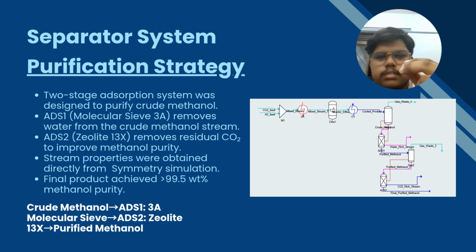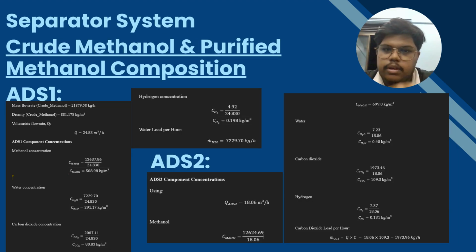grade methanol. Thank you. Right, before I finish my part, let's look at the crude methanol and purified methanol composition. After the reactor and initial gas separation, the crude methanol stream is sent to the first adsorption unit, that is ADS1.